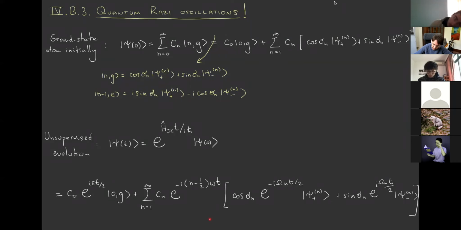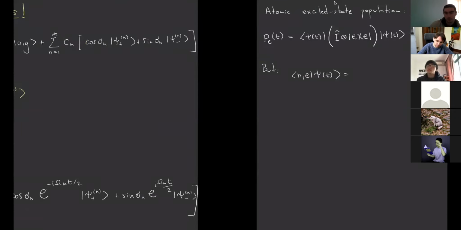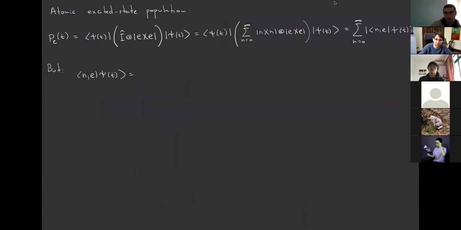And then we project this state onto n,e. But then this is the ground state of the atom, so this goes away. And the only thing that is left is the projection of the state psi_n minus onto n,e. And that's very easy to calculate, that we know.